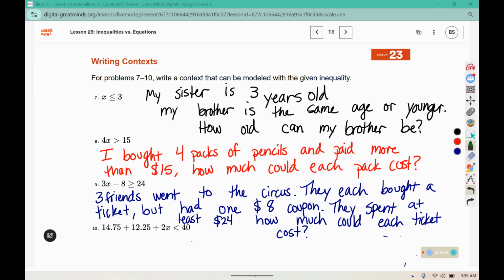This one could sound like we need to spend less than $40.